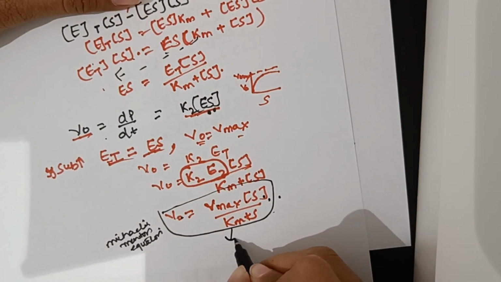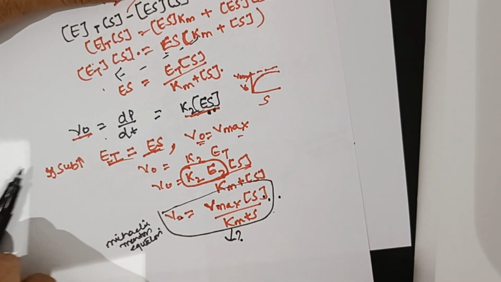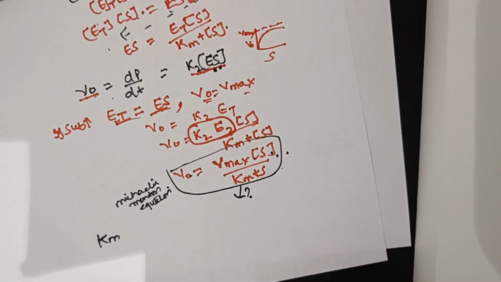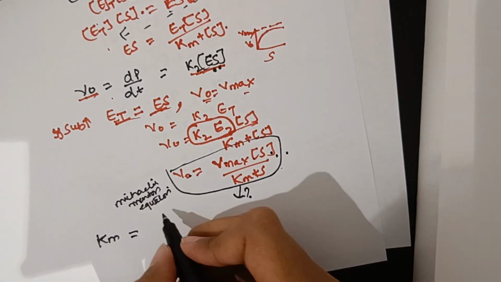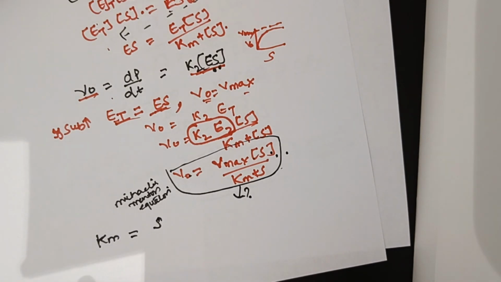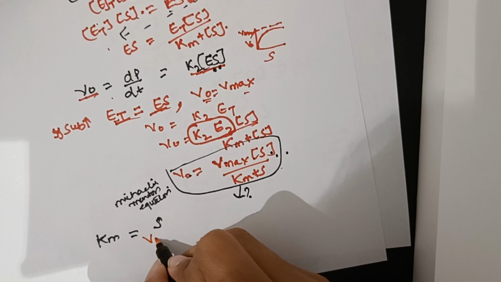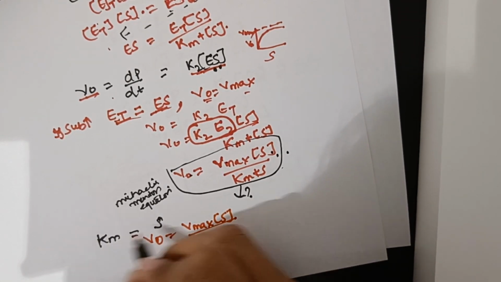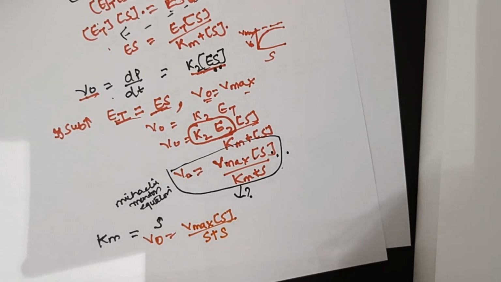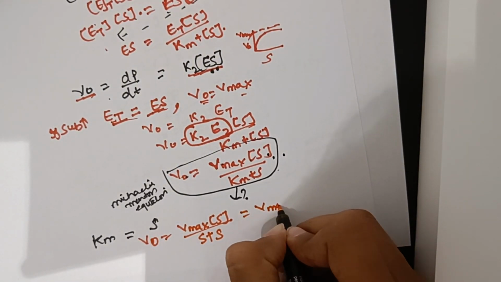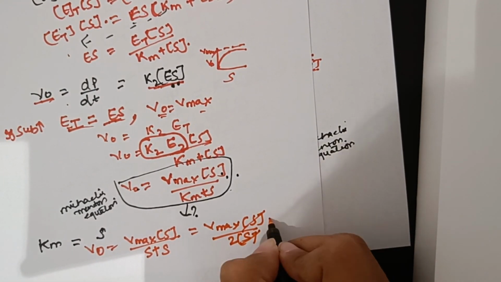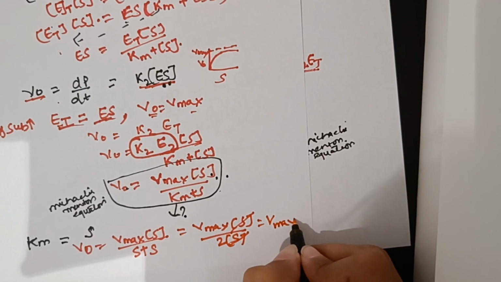So you will be thinking, what is Michaelis constant? What is Km? So just bear with me for a bit more. So imagine Km is equal to substrate. Just imagine that if Km is equal to substrate, what does V naught become? Vmax, right, times S, and Km we are saying is equal to substrate, so it becomes Vmax S over 2S, which is Vmax by 2.